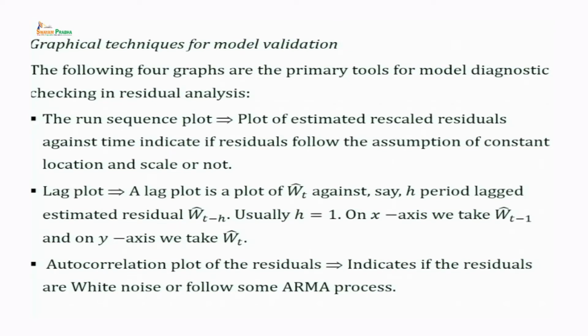Then the third plot is the autocorrelation plot of the residuals. So, you fit your ARMA(p,q) process, calculate the residuals W's, and then you plot the ACF of the residuals.